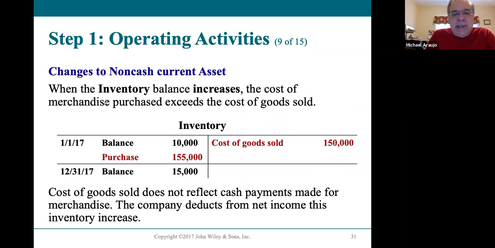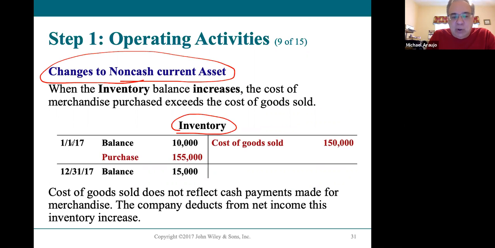So here again is another non-cash current asset that changed. In this case, inventory. We went from $10,000 of inventory at the beginning of the year to $15,000 at the end of the year.